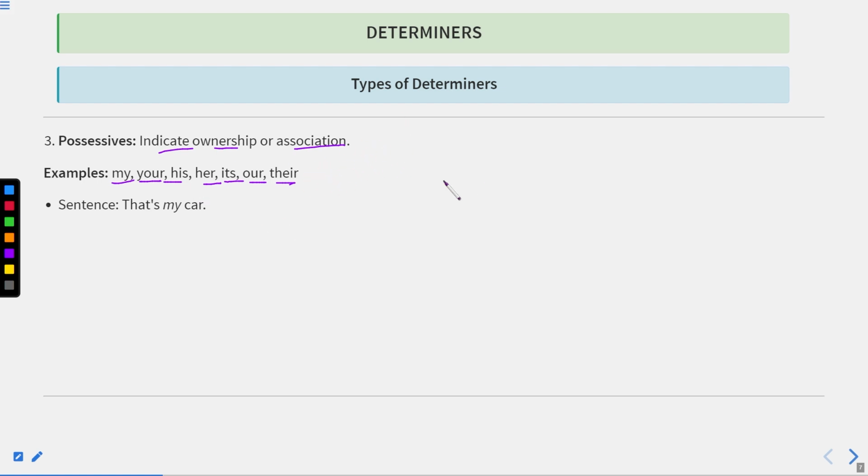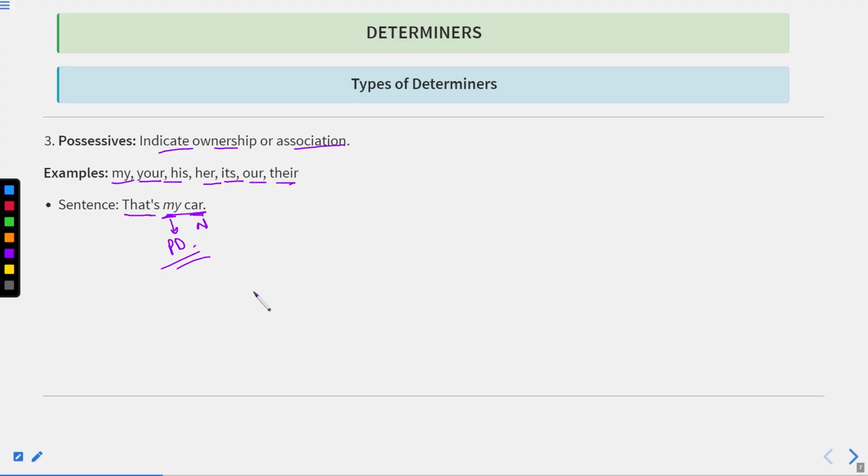Now, that is my car. Here car is a noun and my is a possessive determiner, because it is showing that this car belongs to me.